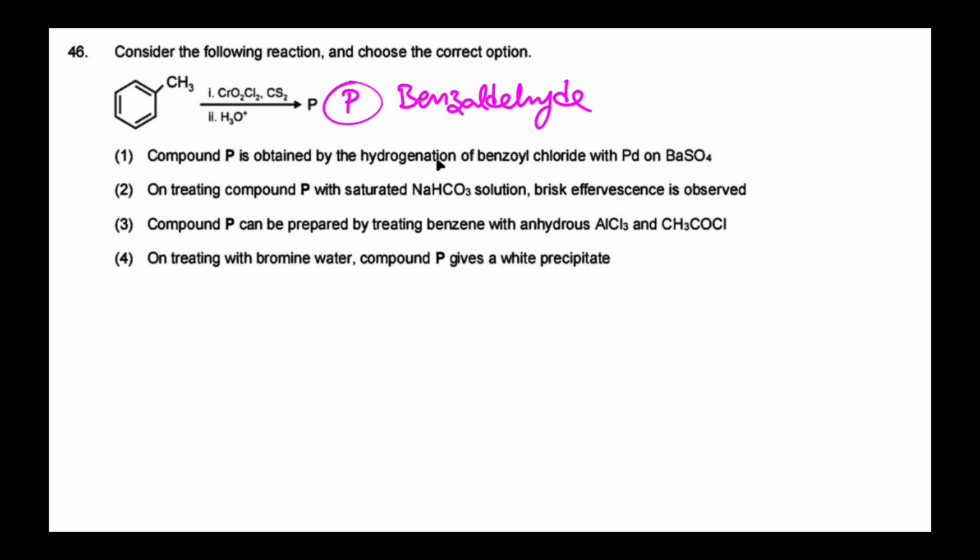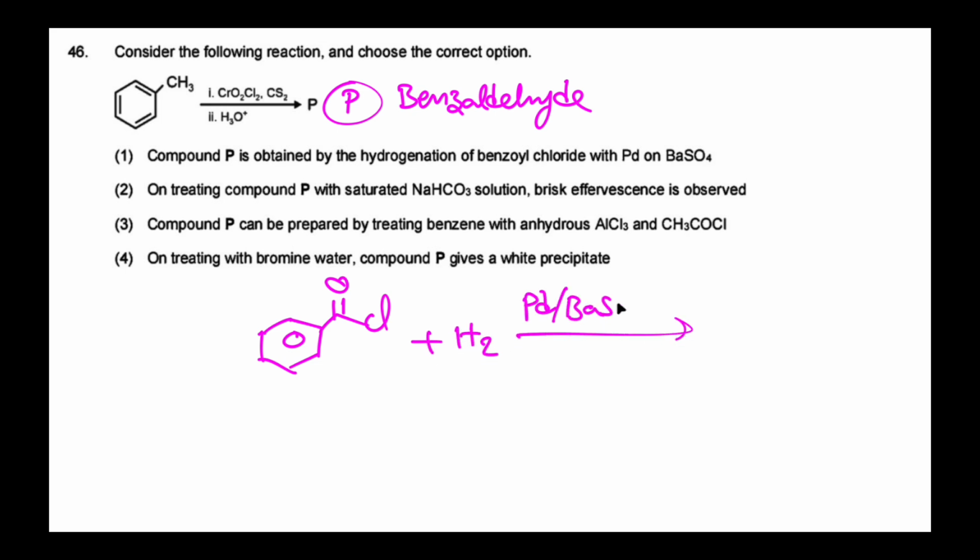Go to the first option, hydrogenation of benzoyl chloride. This is benzoyl chloride, reacted with hydrogen in presence of palladium on BaSO4. This is the Rosenmund reduction reaction.